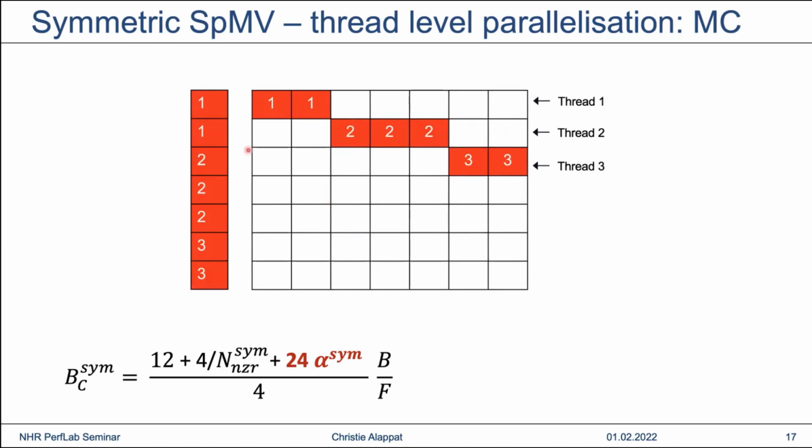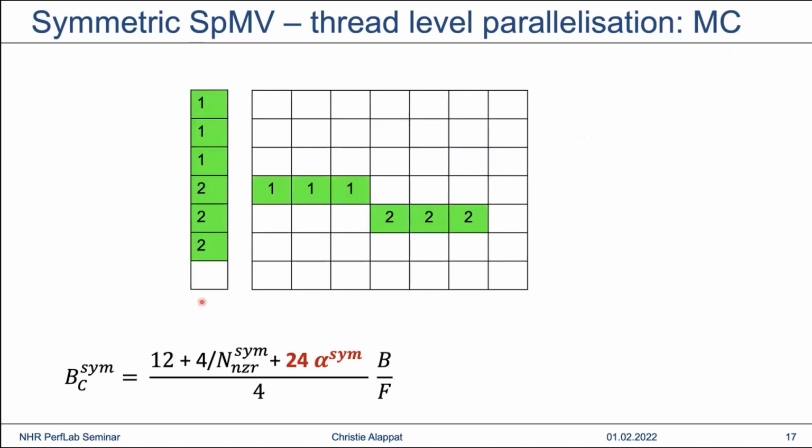However, what we could also observe with this multicolored reordering is that in most cases, it results in irregular access to the y vector in the case of symmetric SpMV. Once you access a color, we would need to load the entire y vector.